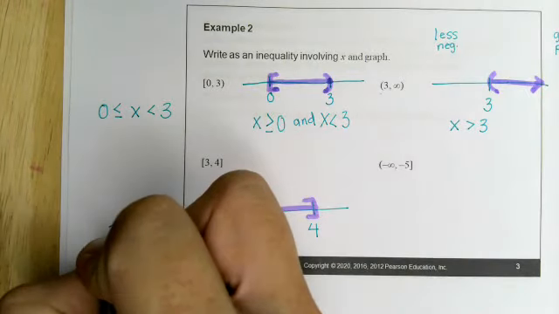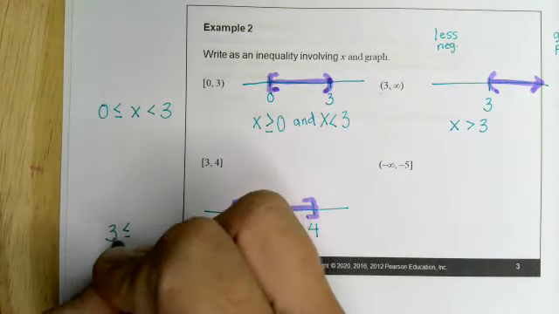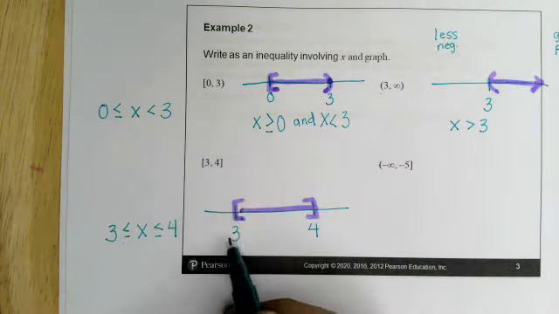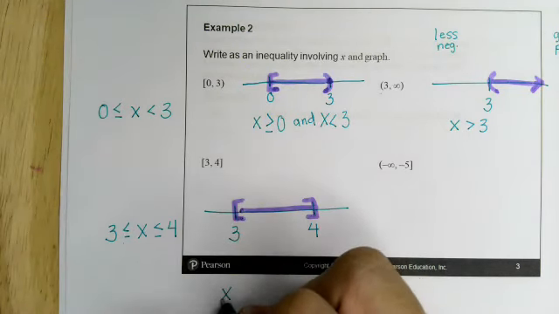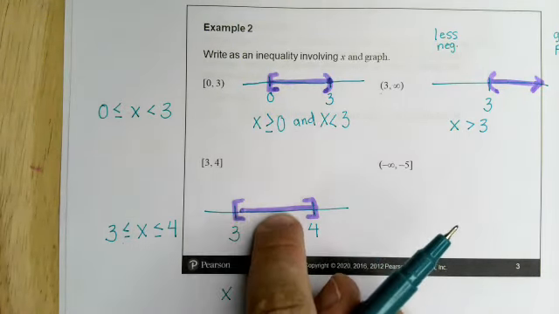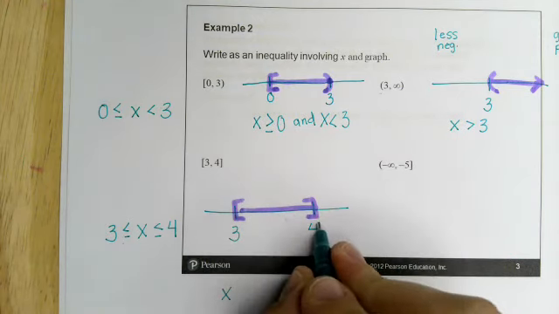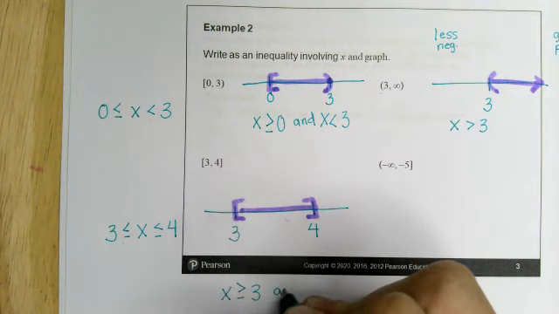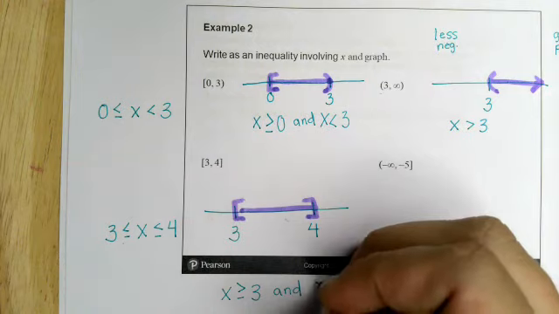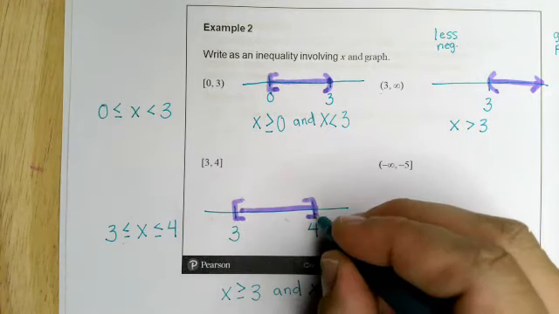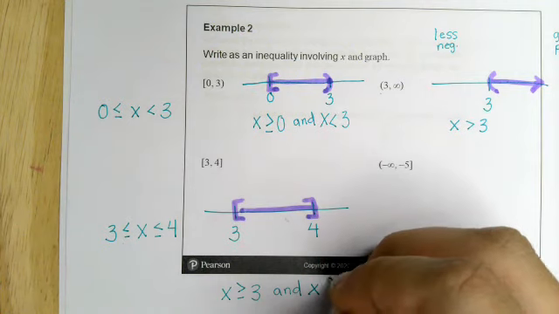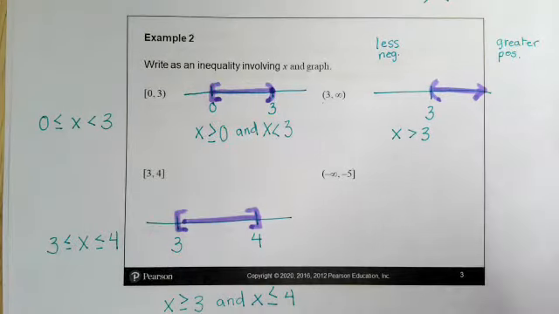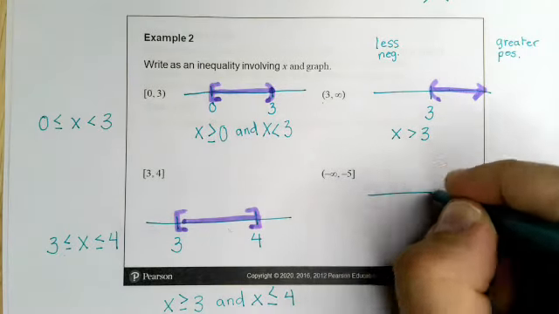So it's either 3, including 3, and then 4, including 4, or I can say X is greater than or equal to 3, and X is smaller than, less than, or equal to 4. Okay. Last one.